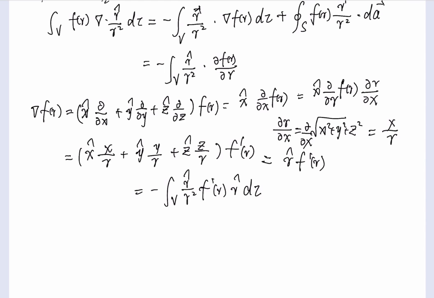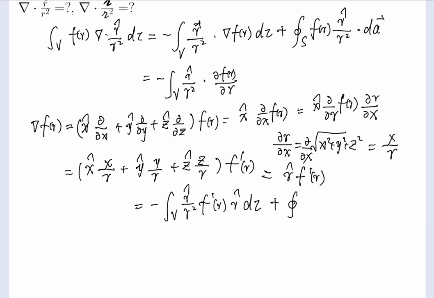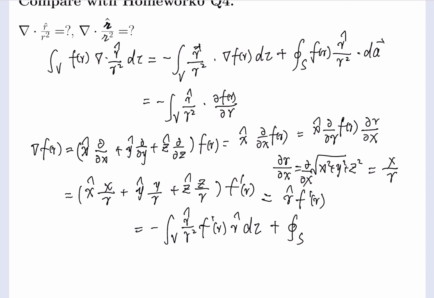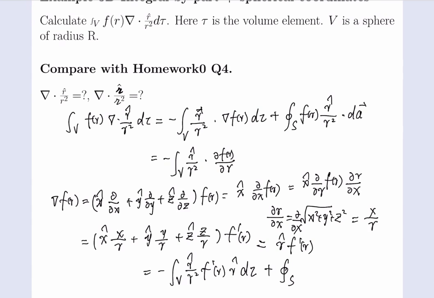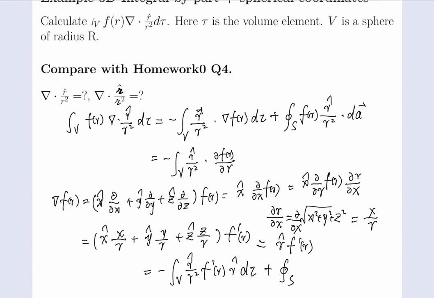Okay, so we've finished. We've simplified the first term and done the derivative, and now the second term we can try to work out. Here we are trying to calculate the integral over a sphere, and the sphere has a given radius of r.